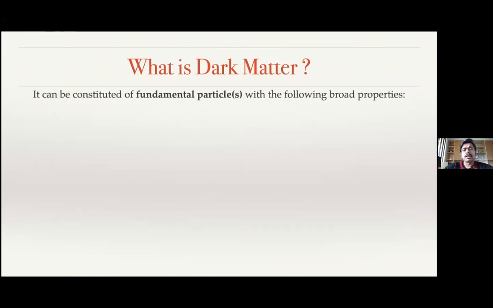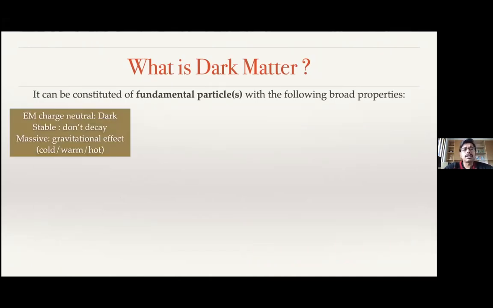We now believe that it can be constituted of some fundamental particles with credentials like: it has to be dark, like electromagnetic charge neutrality. It has to be stable over the universe's lifetime. It better be massive because observations suggest that it has gravitational effect. However, the mass can be of different ranges.